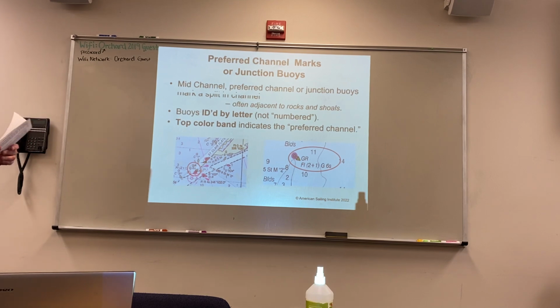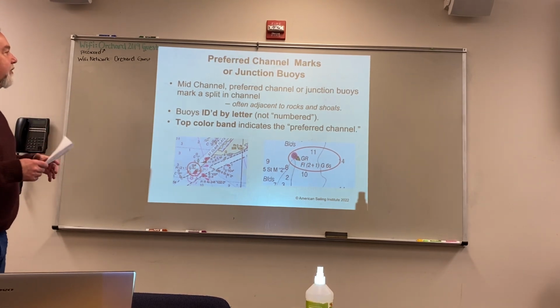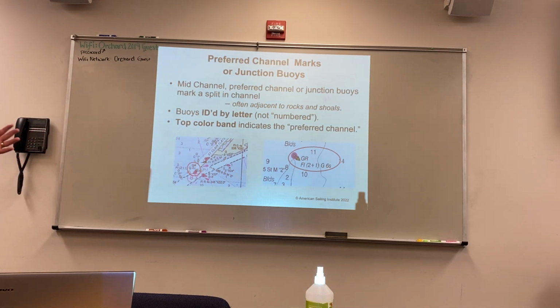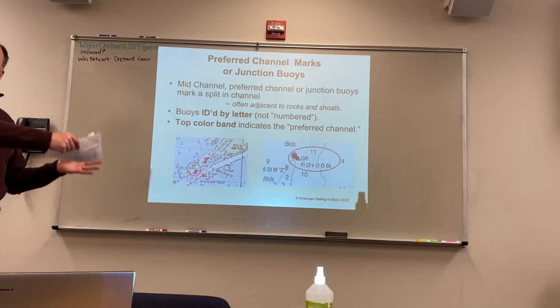The last specific mark I want to talk about in terms of junctions and channels is a junction buoy called a preferred channel mark. What that does is it's put mid-channel. It marks the fairway or a split in a channel or an intersection, and tells us which way is the most preferred channel, the safest channel. It doesn't mean the other way is unsafe.